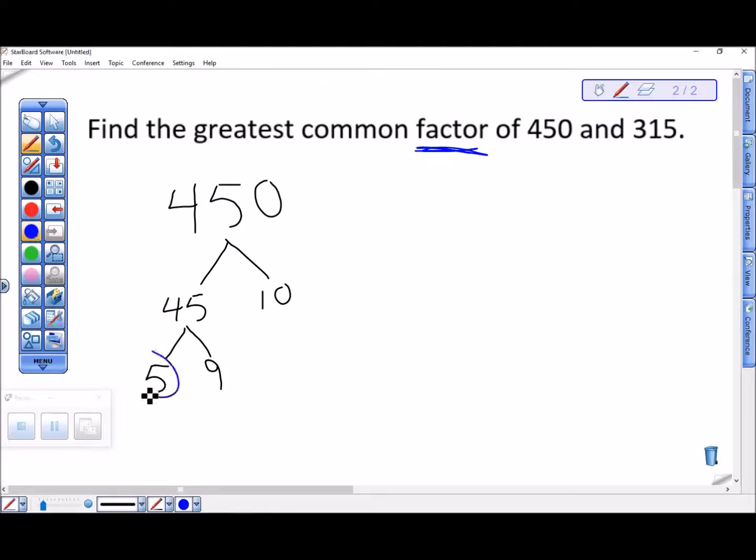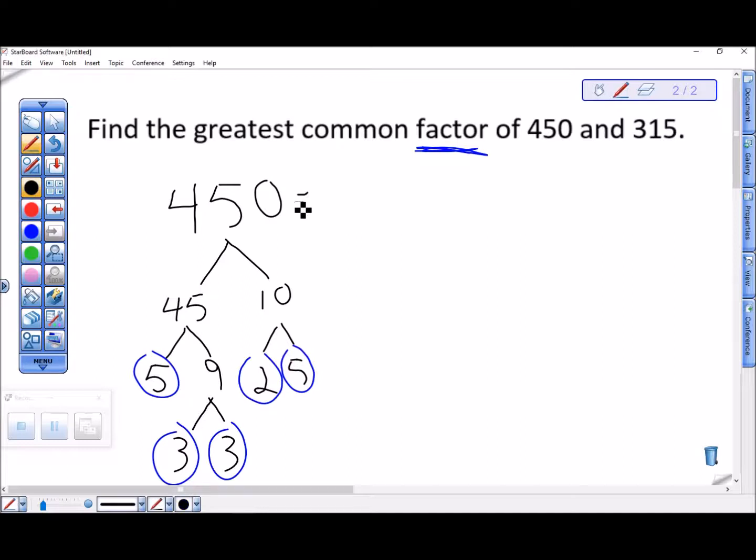Now notice that 5 is prime. 9 is 3 times 3. Remember that 3 is prime. And 10 is 2 times 5, and both of those are prime. So if I put that all together, I have a 2, I have a 3 squared, and I have a 5 squared. So 450 is 2 times 3 squared times 5 squared.